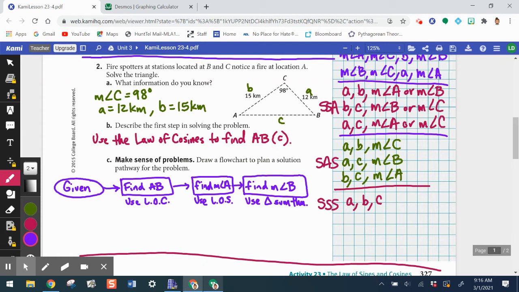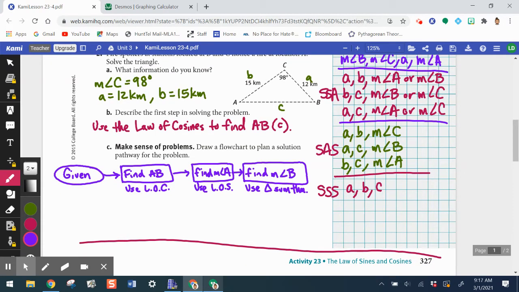And then on item C, they asked us to draw a flow chart to plan a solution pathway for the problem. So this is not exactly like the flow chart proofs we saw, but just kind of similar to that idea. We see a plan written in this flow chart concept. So we're going to use the given information to find the length of AB. We said that on item B. We're going to find the length of AB using the law of cosines.